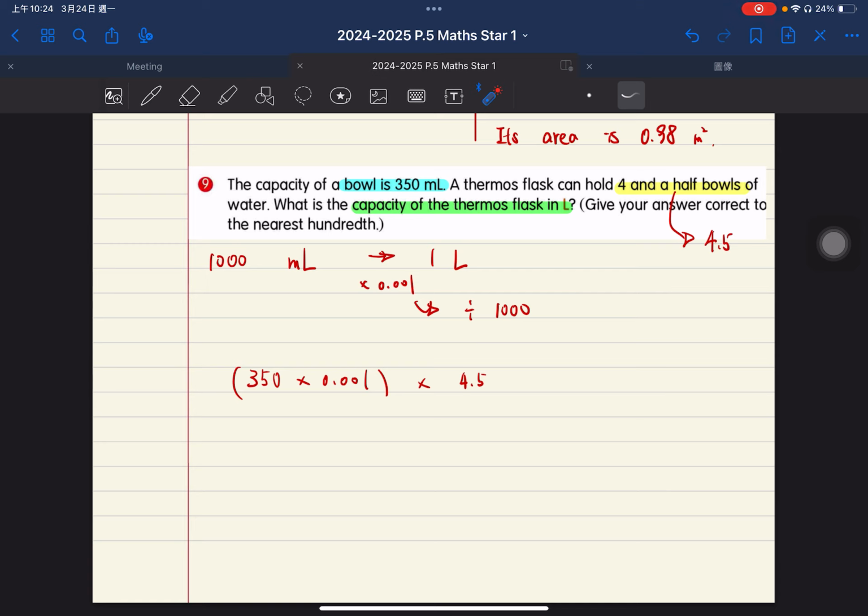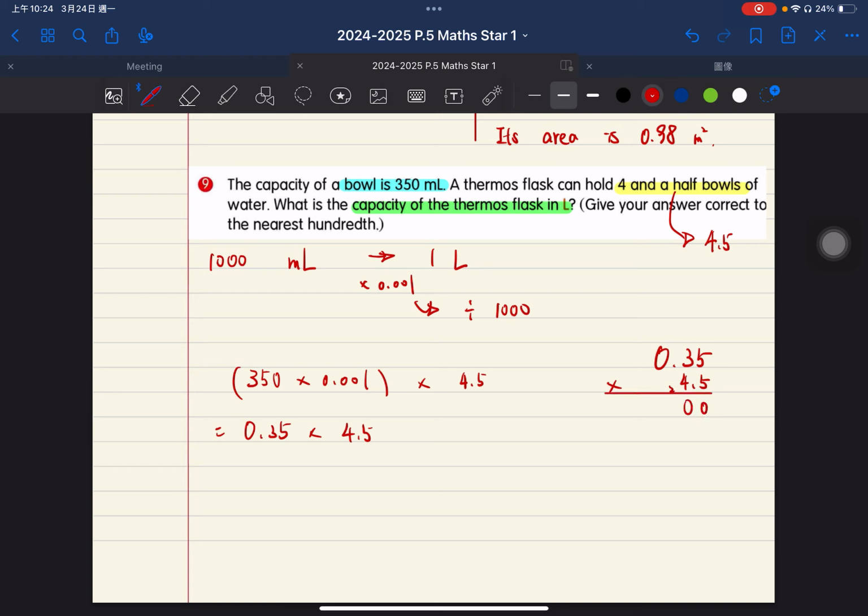So 350 times 0.001, we will shift 3 times, 1, 2, 3, which will become 0.35 times 4.5. Okay, 0.35 times 4.5.